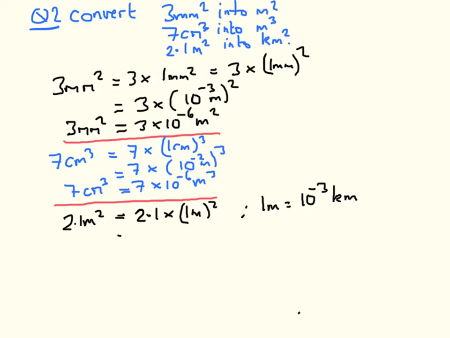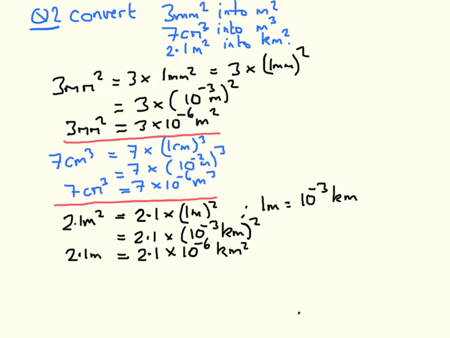So what we have here is 2.1 times, open brackets, 10 to the minus 3 kilometers, all squared. So when we square it, we have 2.1, of course, times 10 to the minus 6 times square kilometers. So that's 2.1 square meters expressed in those units of square kilometers.